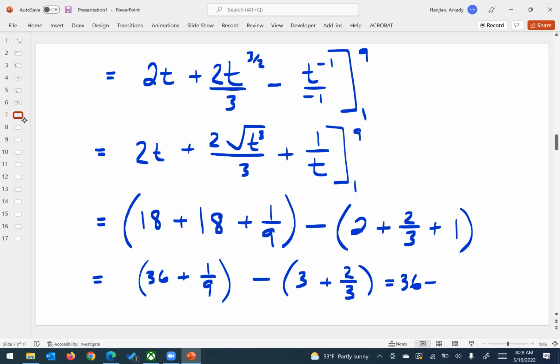So 36 plus 1/9 minus 3 minus 2/3. Let's get everything to denominators of 9. The big one will be that 36 though. So 9, 9, plus, plus, minus, minus.